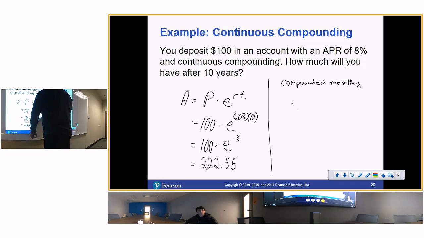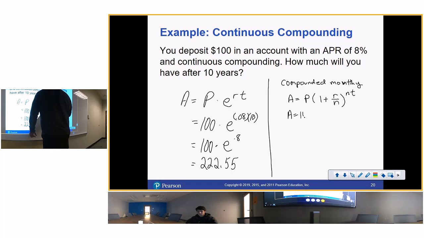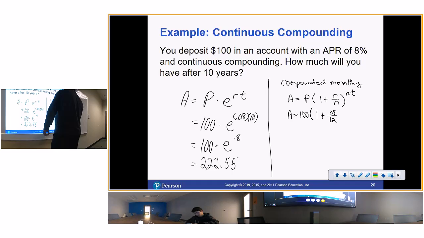The compound interest. A is equal to P times 1 plus R over N raised to the NT power. So that's going to be A is equal to 100 times 1 plus, what is it, 0.08 divided by what? 12. Raised to the 12 times what? 10.